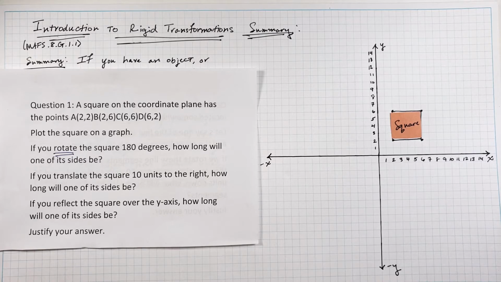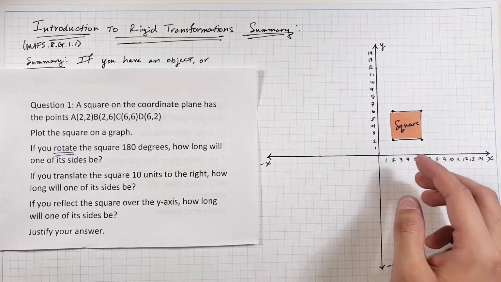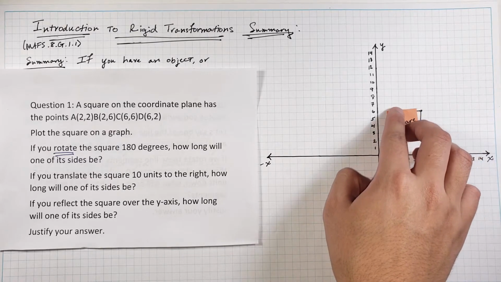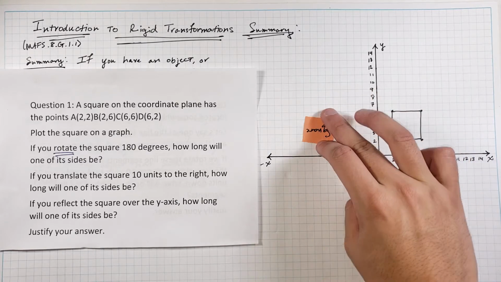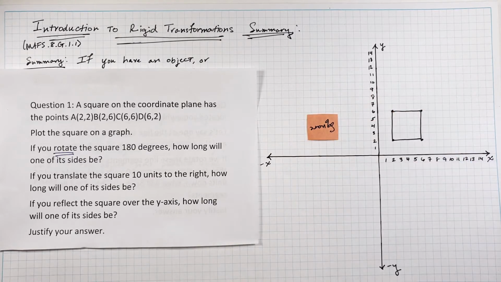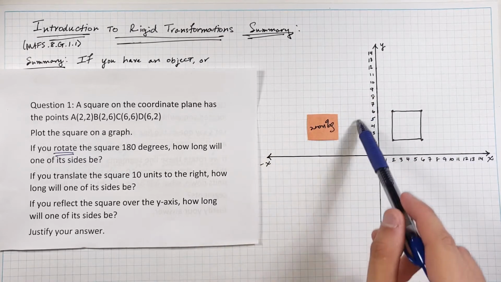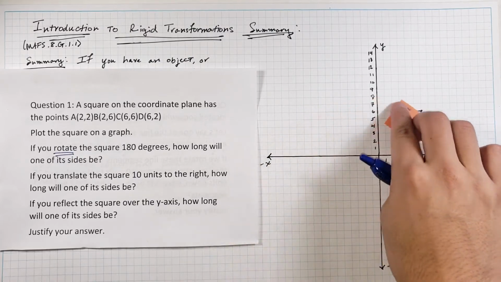Well, let's go ahead and do that. Let's rotate this square 180 degrees. Maybe we'll rotate it over the y-axis 180 degrees. So now it looks like that. As you can see, the length of the sides didn't change. So we started off with this square.